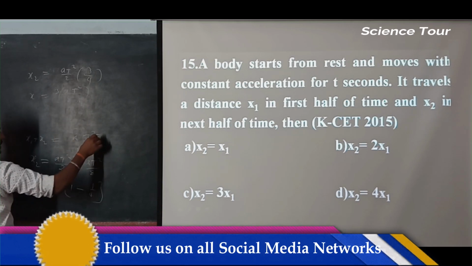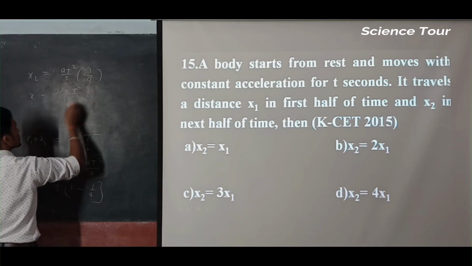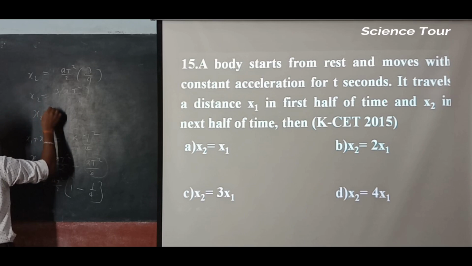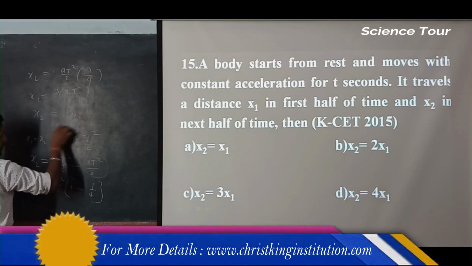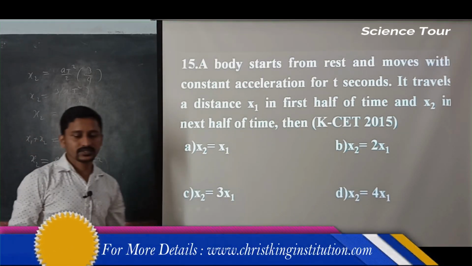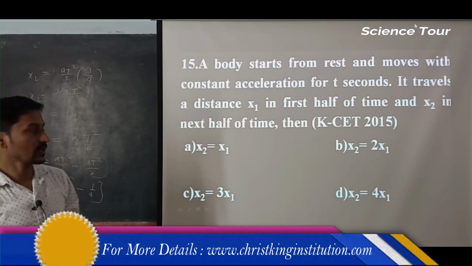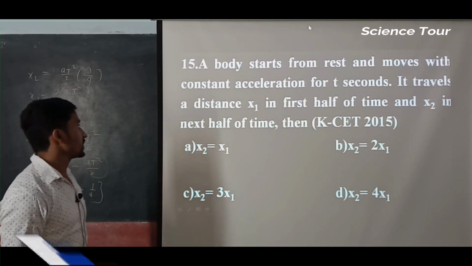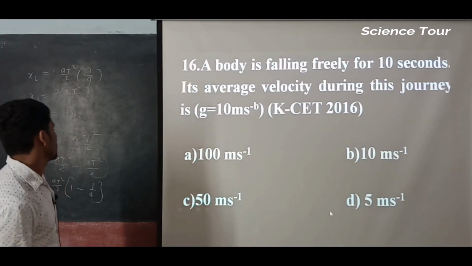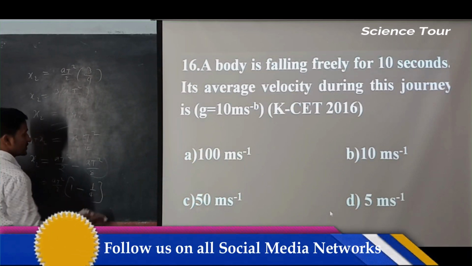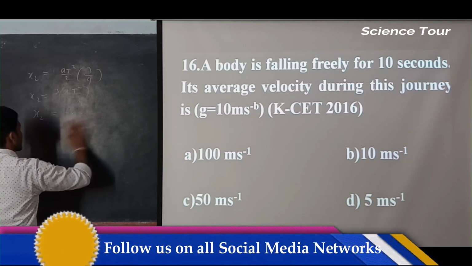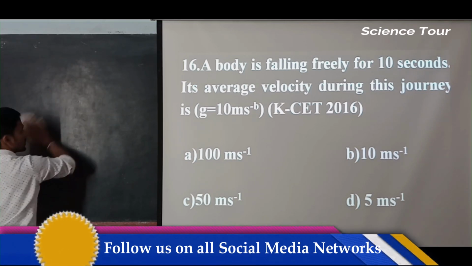And a t square by 8 is nothing but x1, so x2 is equal to 3 x1, isn't it? Same thing. So the answer is that x2 is equal to 3 times x1.